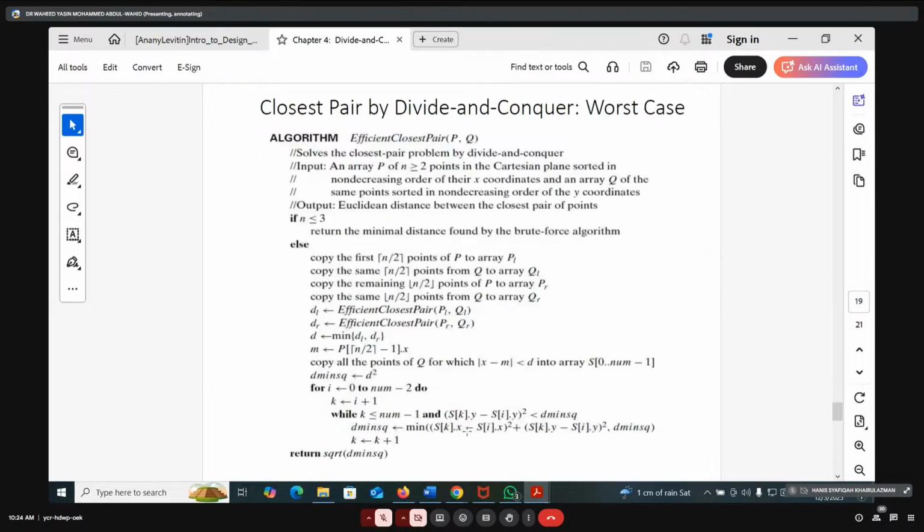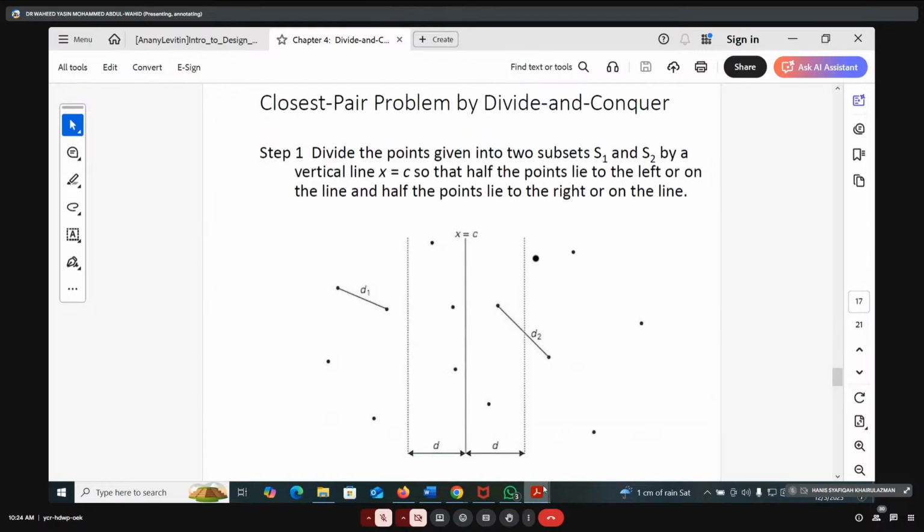So what does it mean here? Let me explain. Here I apply d1 and d2. I check the distances, I notice d1 here and d2 here, and then I fix d as the minimum value between the two closest pairs.